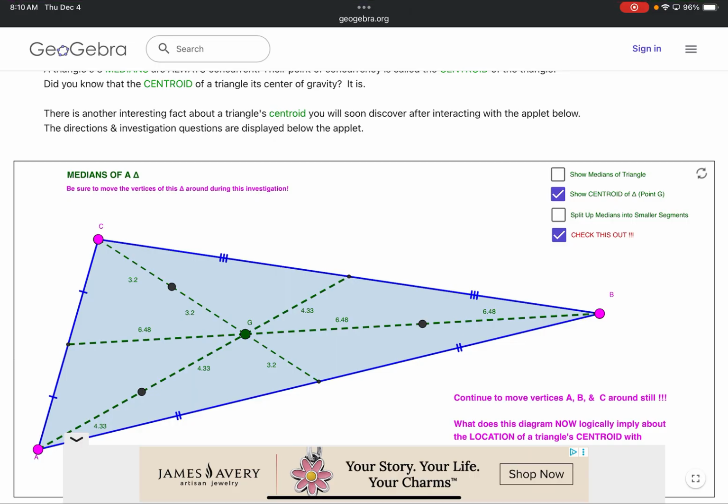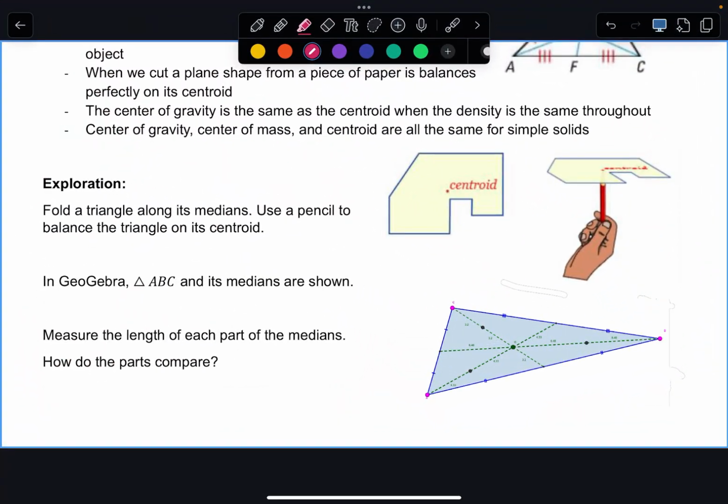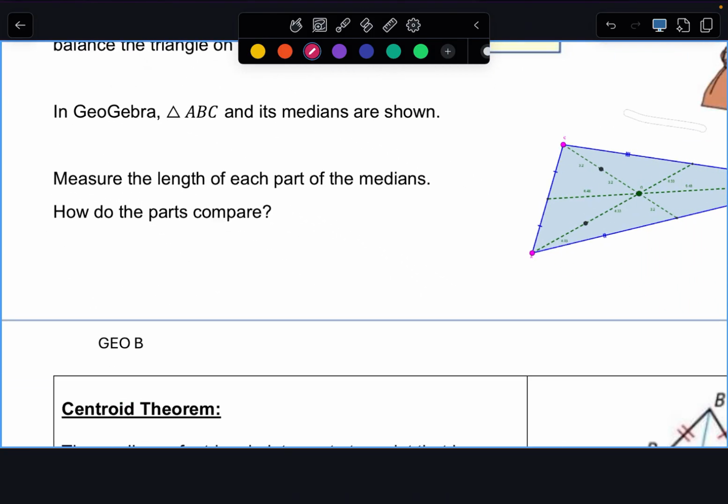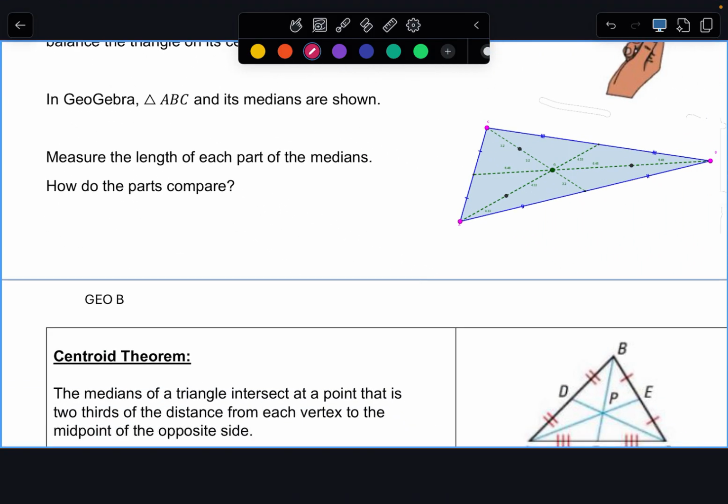This median centroid theorem that we have is based on the idea of thirds and that all of our medians can be broken up into thirds. So what we just recognized in GeoGebra was that from the vertex to the centroid, if we count our thirds, this was 1, 2 thirds of my whole median.